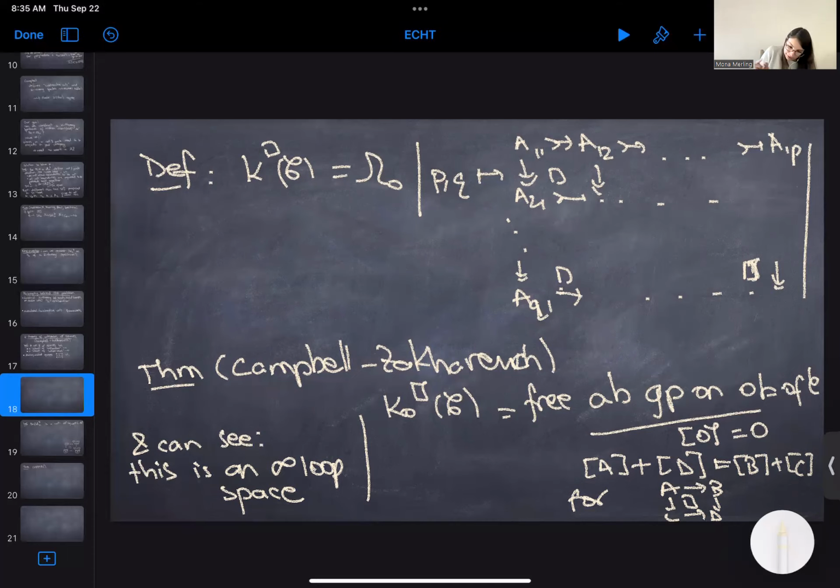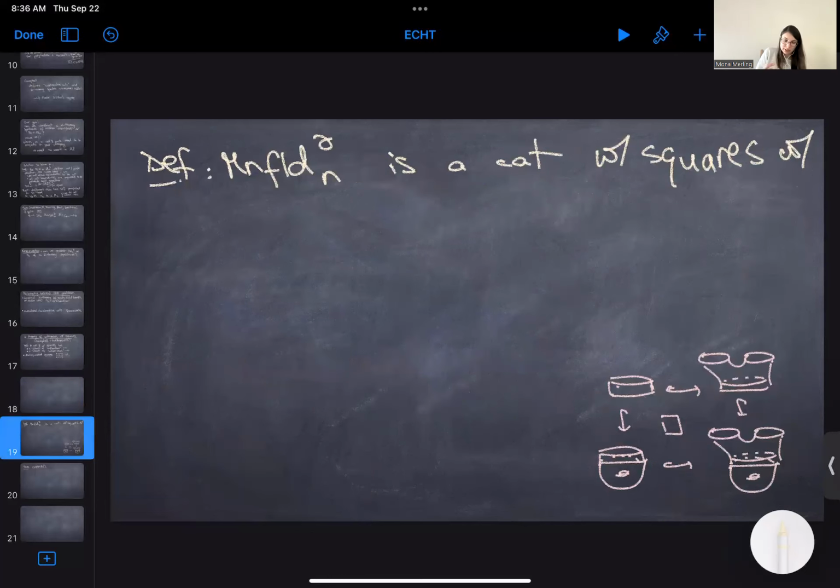Okay, so given this framework, now we can try to apply it to manifolds. The definition that we gave is that we define a category of manifolds with boundary as a category with squares. I drew this little picture so you can keep this in mind. Those are the kind of squares that we want to have in this category.